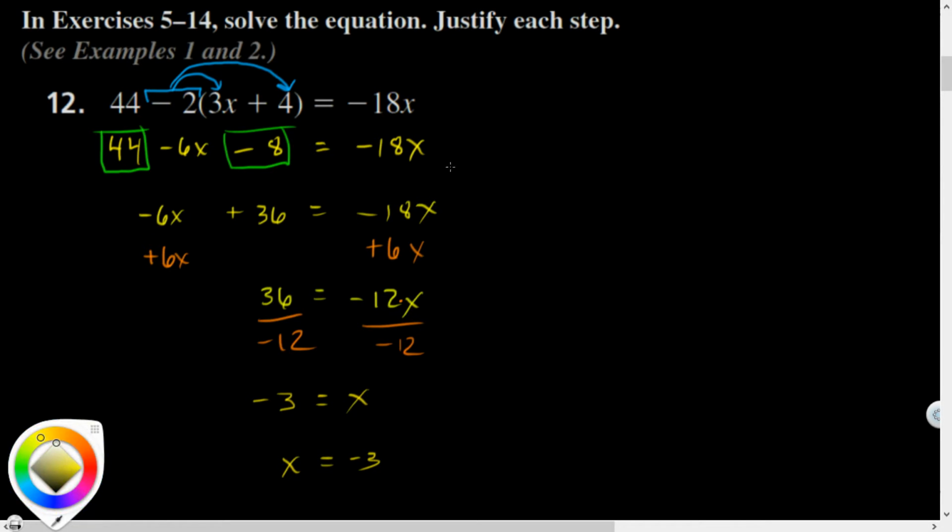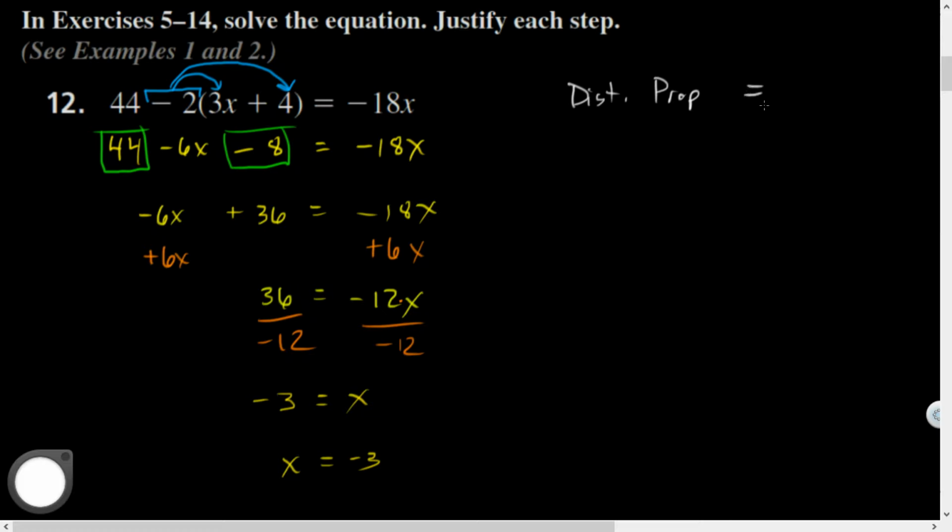So in terms of justifications here, the first one was the distributive property of equality, right? Because they wanted us to justify each step. This we could call simplify, or combine like terms. Then the addition property of equality.